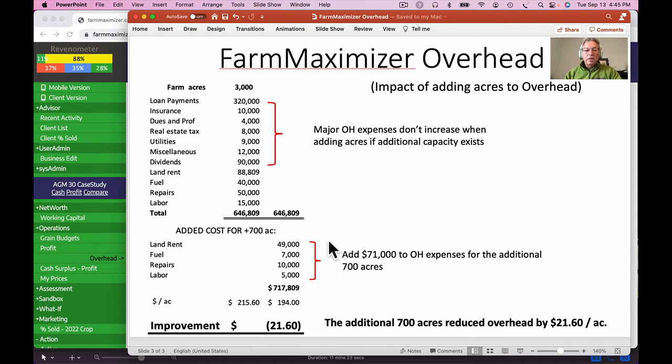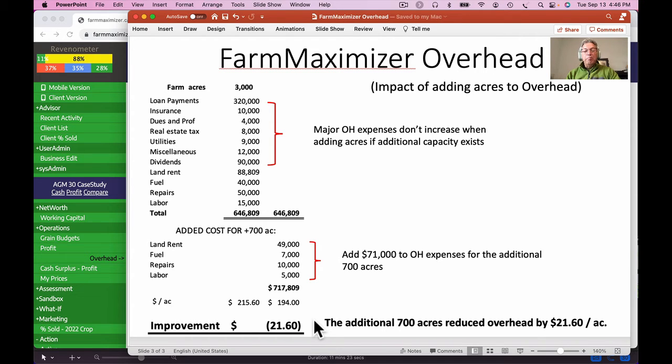The expenses that do increase by adding the acres, land rent, fuel, repairs, and labor, come out to about $71,000 additional expenses. But when we add that to the $646,000 already included in overhead to get to $717,000, divided by the 3,700 acres that we're now farming, that is a reduction of overhead by $21.60 an acre.